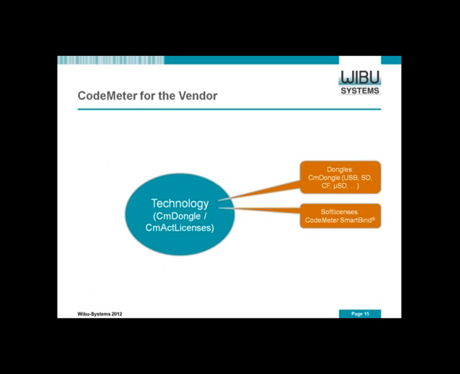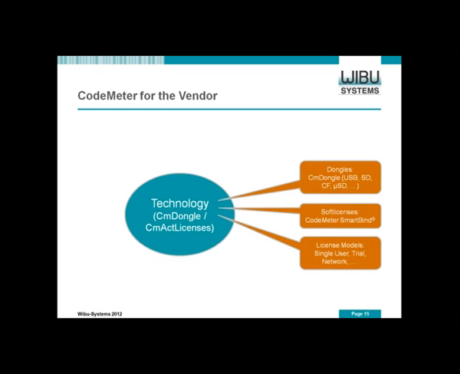And the software licenses, we call them CodeMeter SmartBind. And also part of the technology is the software license models, which means which license models do you want to have, something like single user licenses, trial licenses, network licenses, but we will come back to the different license models later.